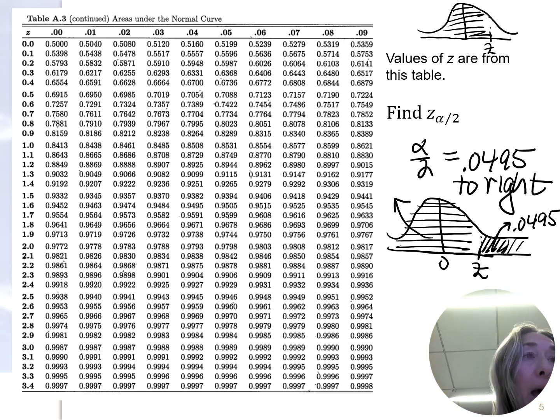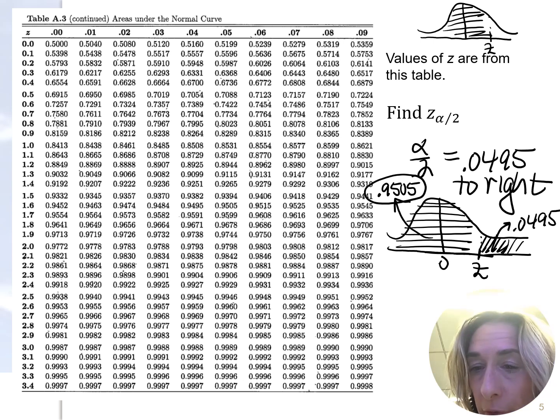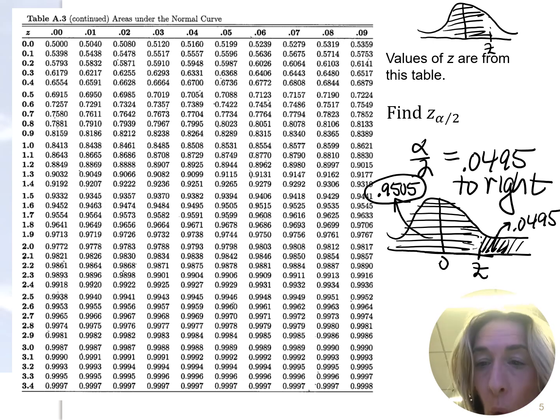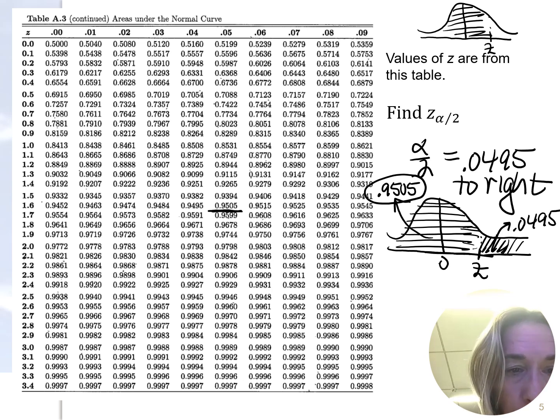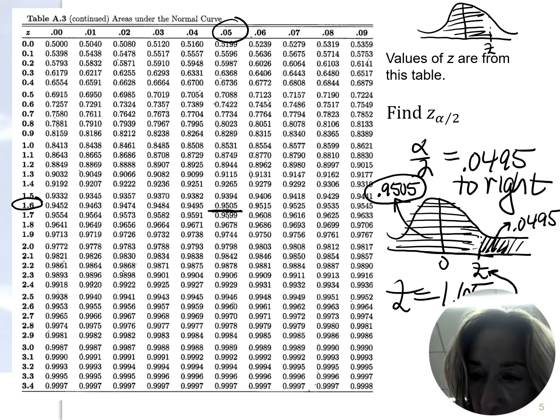When you subtract 0.0495 from 1, you get 0.9505. That's area to the left, and that's what these areas are in the back of your book. So we read off the z-value such that 0.9505 is to the left. That z-value is 1.65, so our final answer is 1.65.